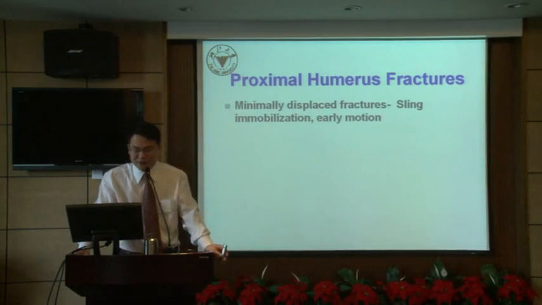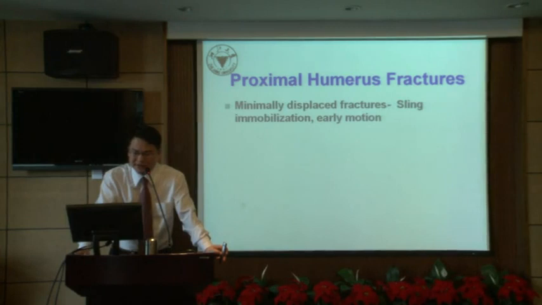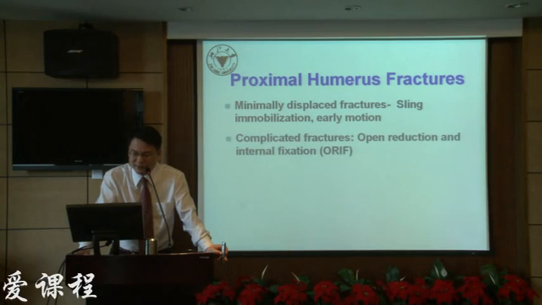If the fracture is only minimally displaced, then we simply use a sling to immobilize the arm and start early rehabilitation, perhaps a couple of days after the immobilization. For complicated fractures, we need open reduction and internal fixation.